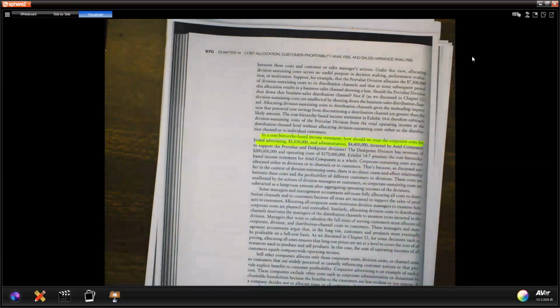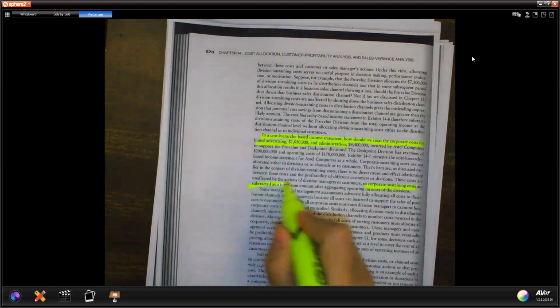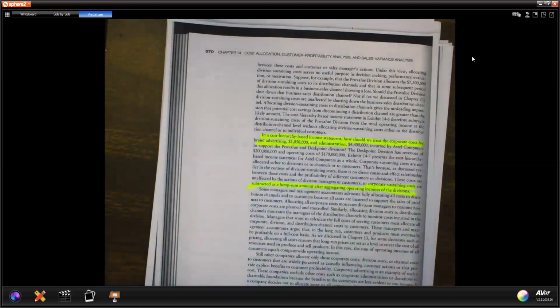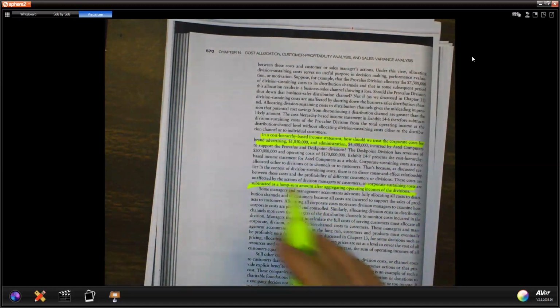There are different opinions. If you don't allocate, then what should you do with those costs? Instead of allocating, we just subtract the lump sum amount after aggregating the division.